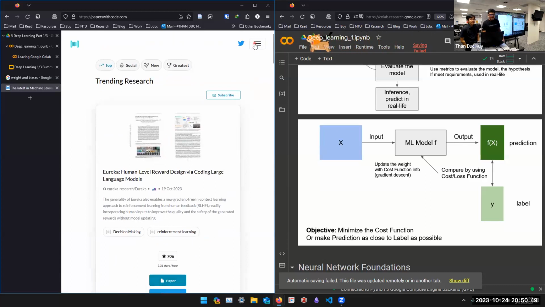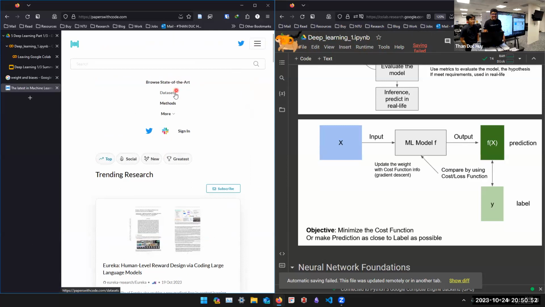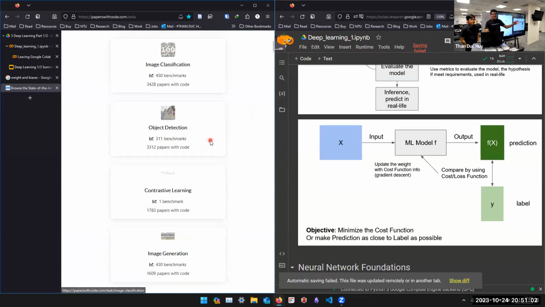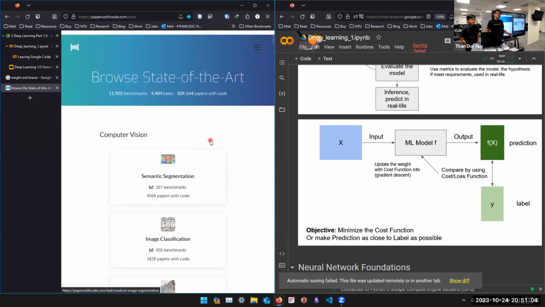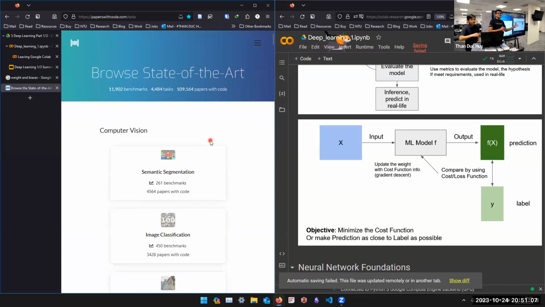If you are interested in what new research is coming out right now, you can go through this website. There's something called state of the art, and so many different things you can go into. If you go to those websites, you can see their implementations.